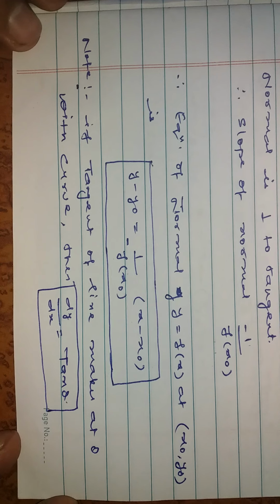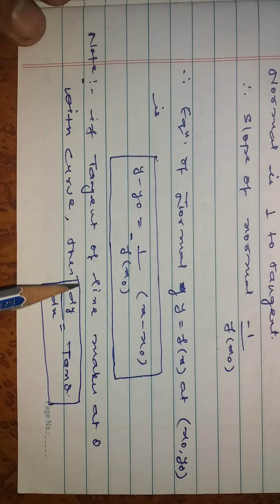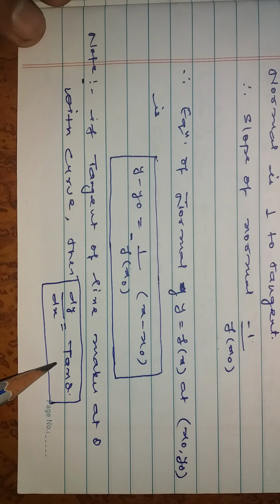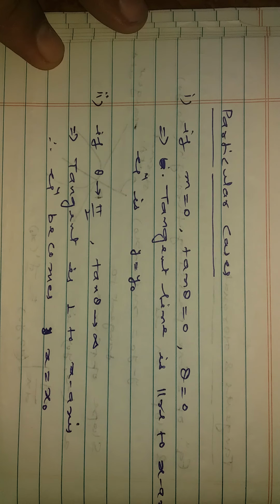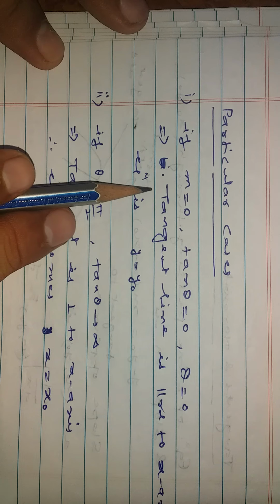Now keep one point in mind: if the tangent is a line which makes an angle theta with the x-axis, tan theta will be the slope. This we also did in class 11th. So tan theta will be the slope if the angle is given. Now there are two particular cases.